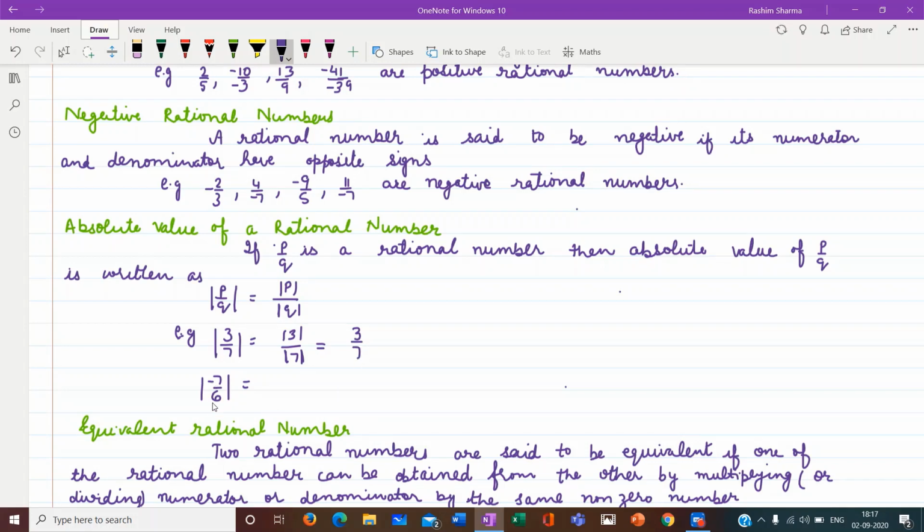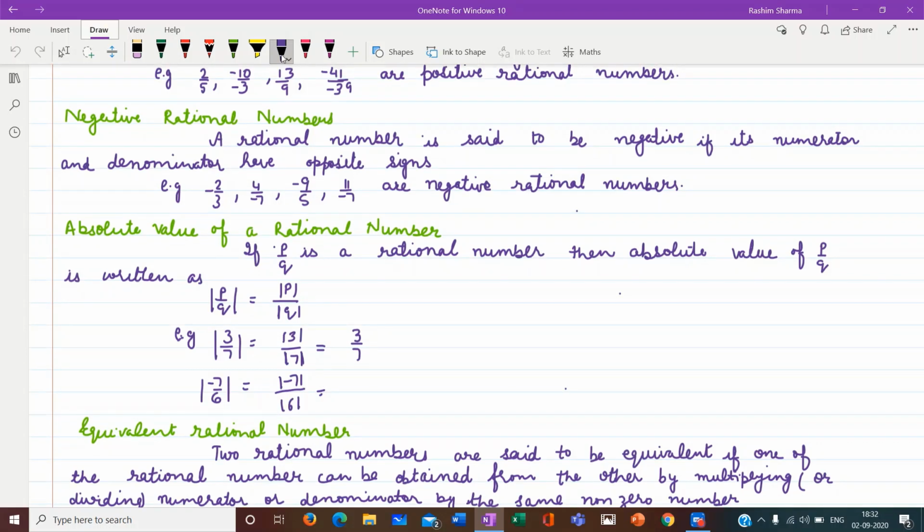Similarly, the absolute value of minus 7 upon 6 will be equal to the absolute value of minus 7 upon the absolute value of 6. We know the absolute value of a negative number is always positive, so it is 7 upon 6. So 7 upon 6 is our answer.